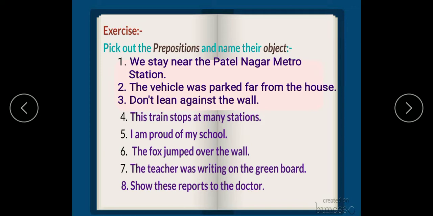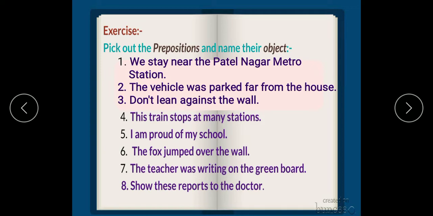First of all, you have to find out the preposition and then you have to see whether there is a relative pronoun or not in that sentence. If there is no relative pronoun, that means the word which is just after the preposition will be the object of the preposition. Okay. So sentence number 2 is the vehicle was parked far from the house.